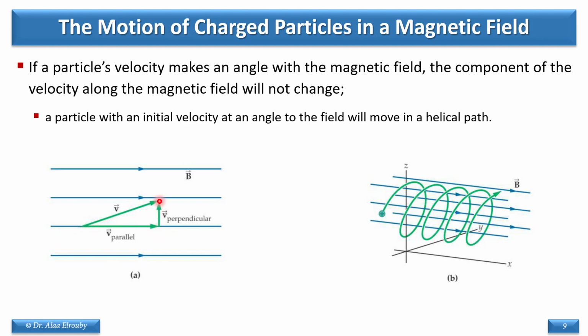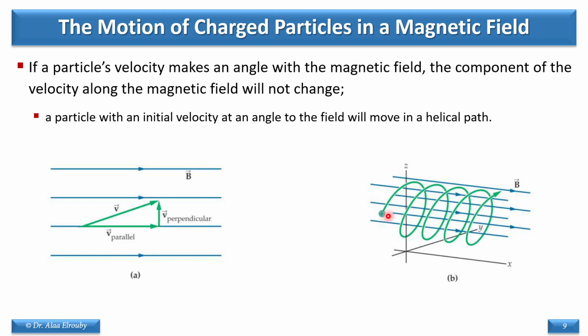But the component of velocity perpendicular to the magnetic field, like perpendicular to the screen, will cause the motion to change. If we start at this point with a charge that's moving in that direction in a straight line, once it goes into the magnetic field lines, its motion will start to be helical, like a helix. Why?